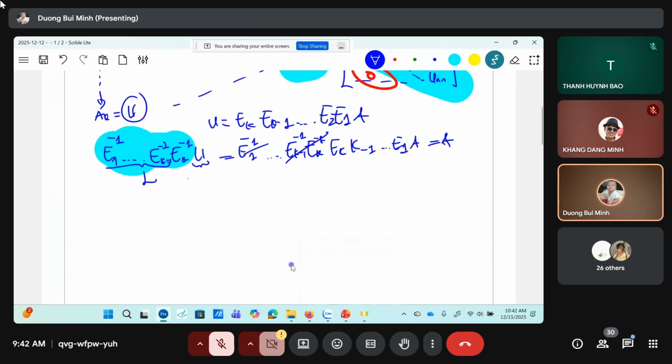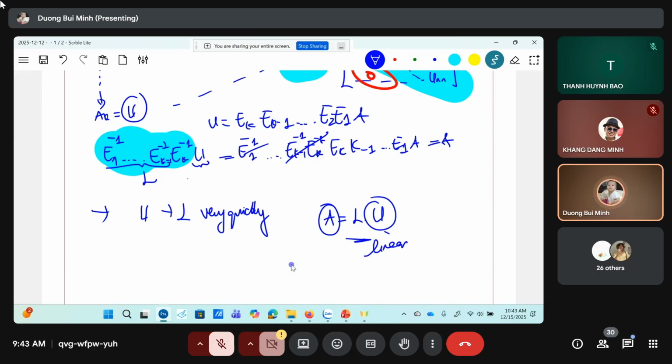But normally when you get U, you can guess L very quickly. We don't need to take this product. Some students are really smart. If we have A = L times U, we already know A and we already know U, so this gives a linear equation, and then you can get L immediately.